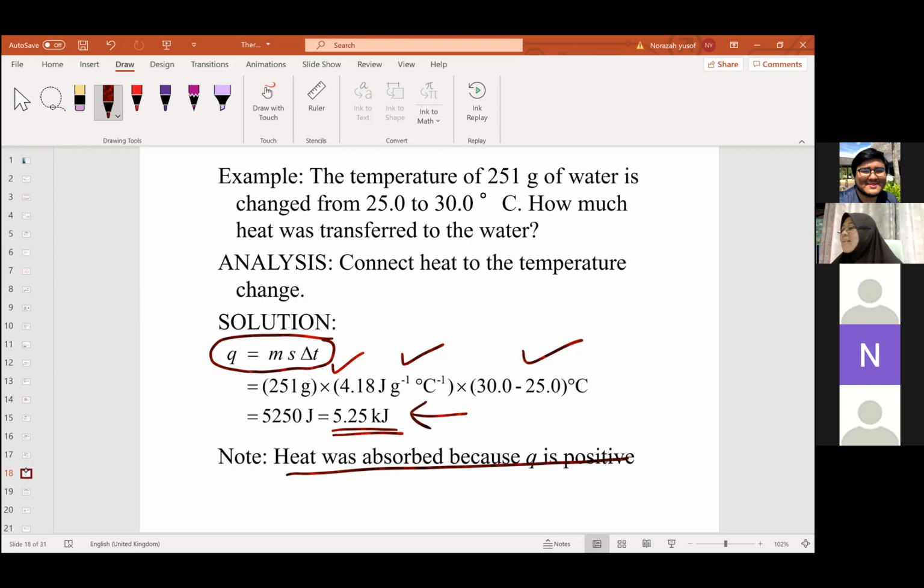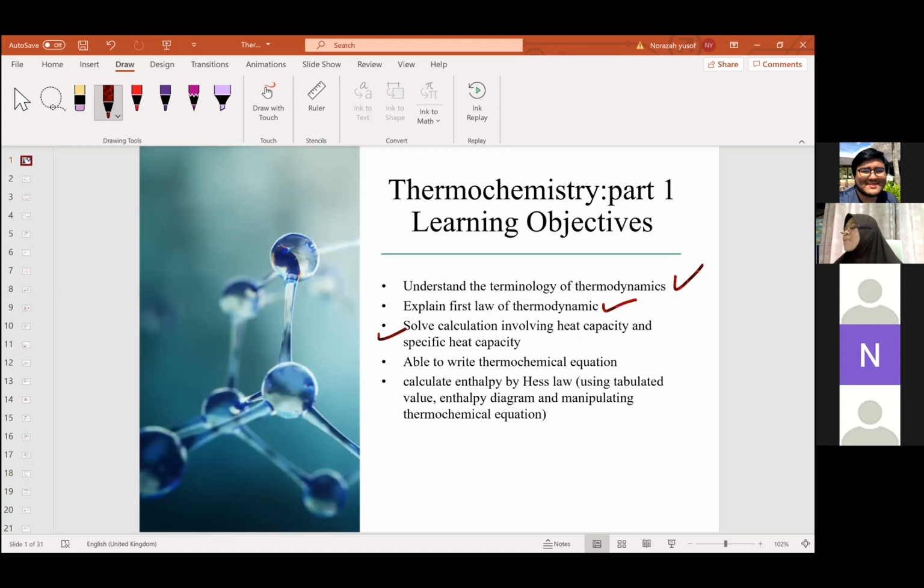Okay, now we look at the thermochemical equation. We are going to focus on chemical reaction and the heat of the chemical reaction.